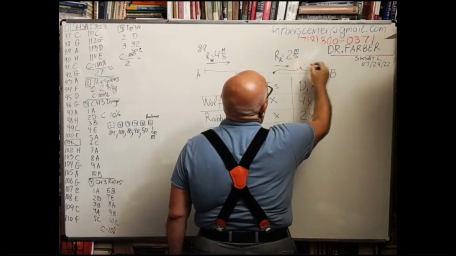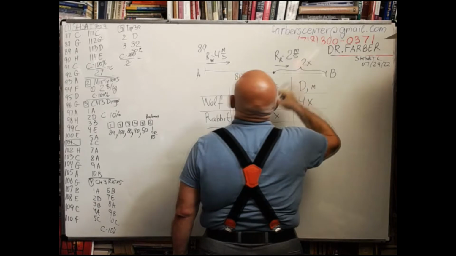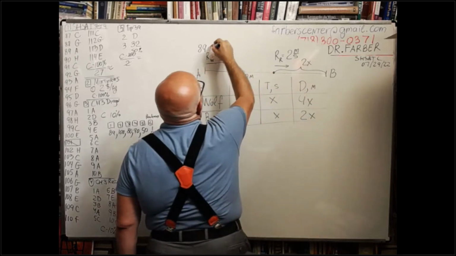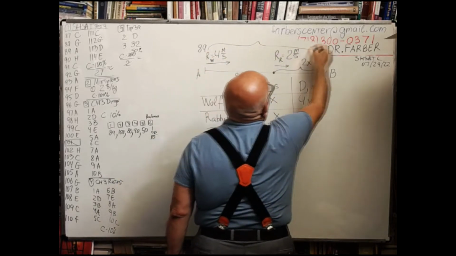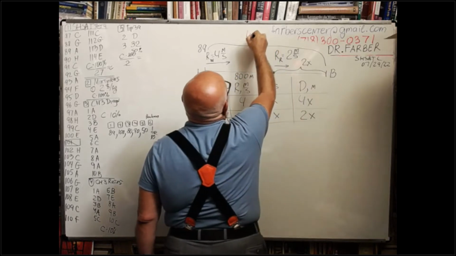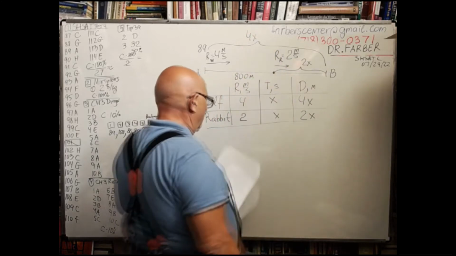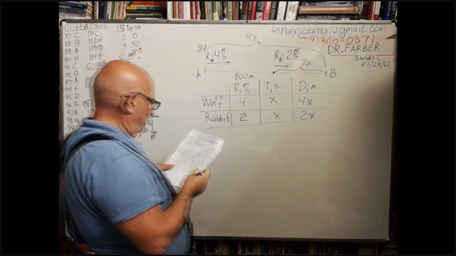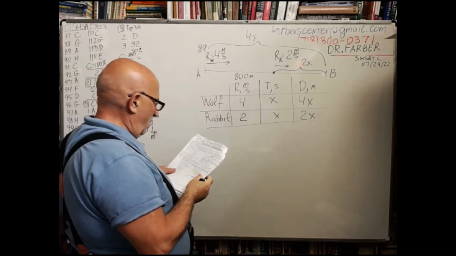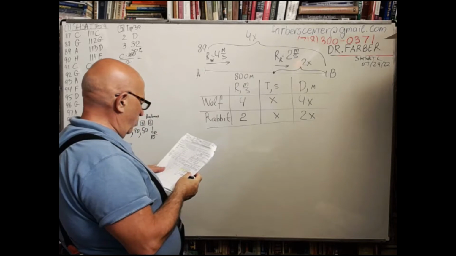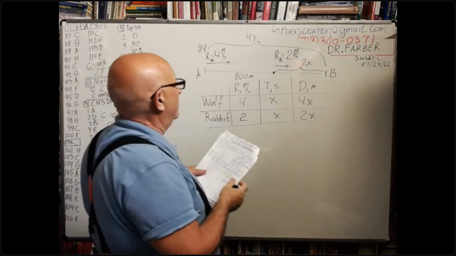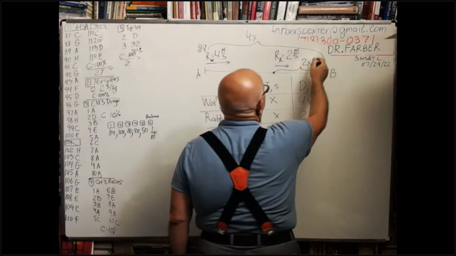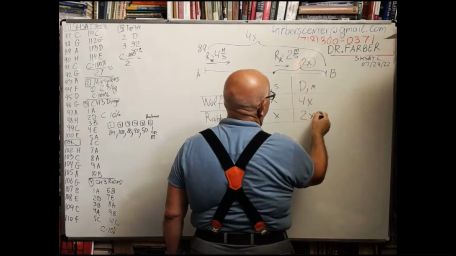I just illustrate. And what is 4x? 4x is this one. And what do they ask you to find? They ask how far the rabbit will go before the wolf catches him. They ask you to find 2x. This is the question, 2x.